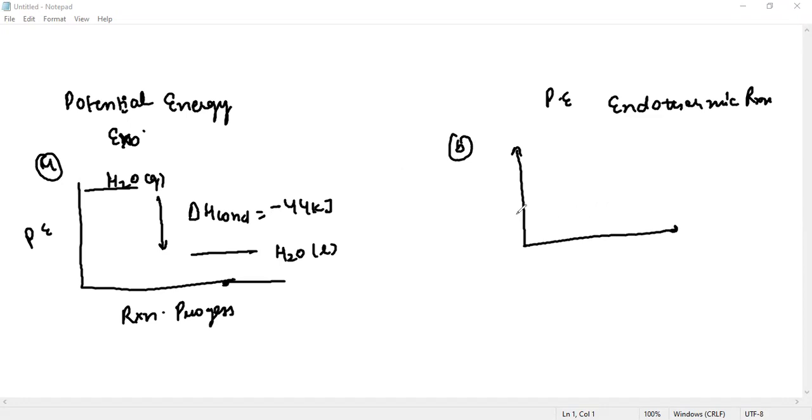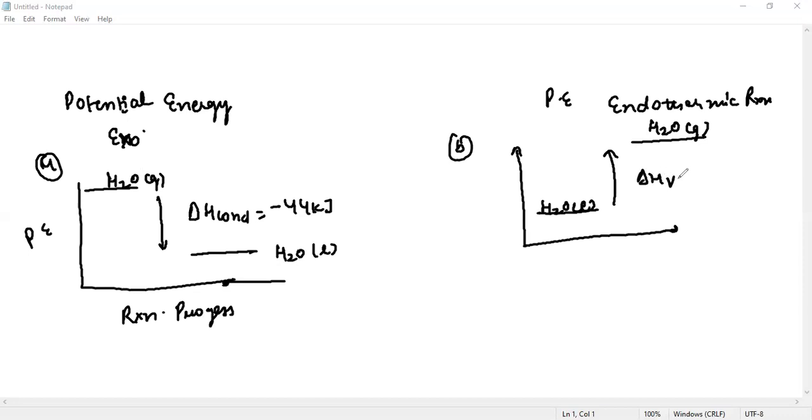What is happening for the vaporization? This is an endothermic reaction. To turn liquid water into gas you need energy. So these reactants are at a lower energy level initially, and the water in gaseous form is formed when you give energy from the outside. They take energy from the surroundings.